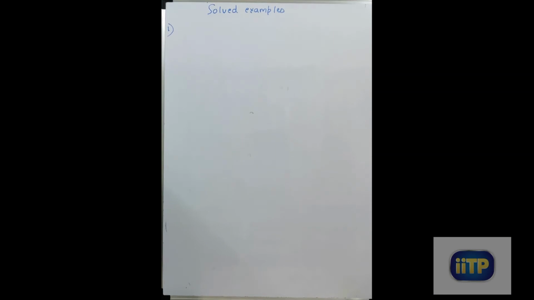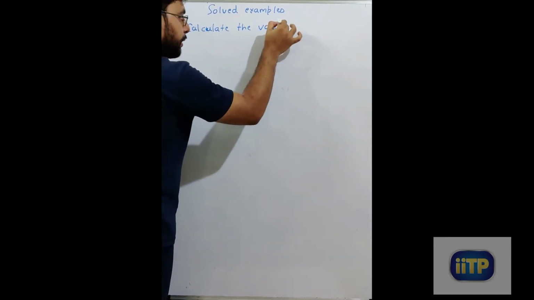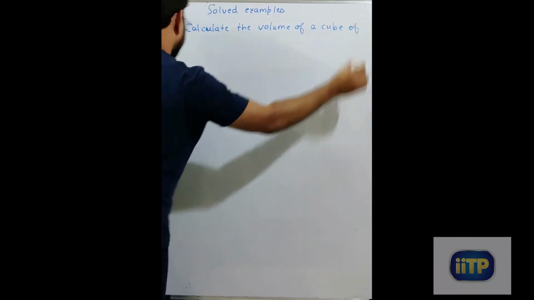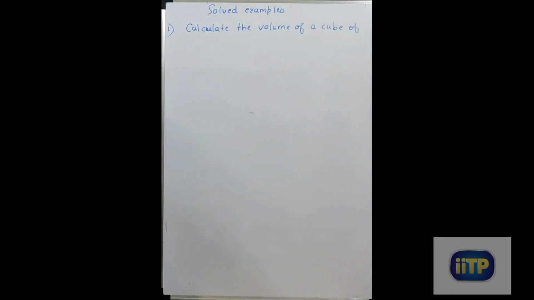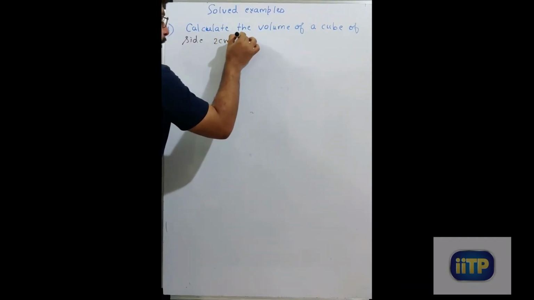Example number 1. Calculate the volume of a cube of side 2 centimeter in cubic centimeter.